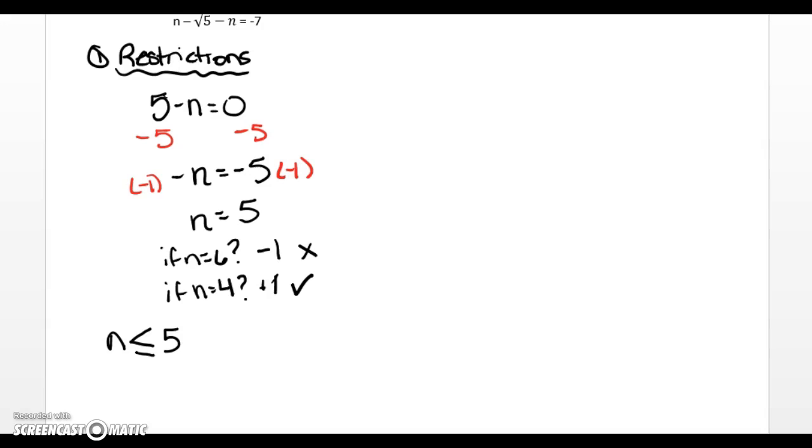Now step 2 is we are going to look at actually solving that equation. We want to find out what value for n is going to make that equation true. So I'm just going to start by rewriting this. We have n minus the square root of 5 minus n is equal to -7.